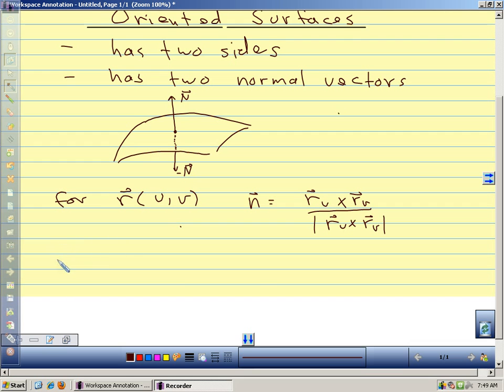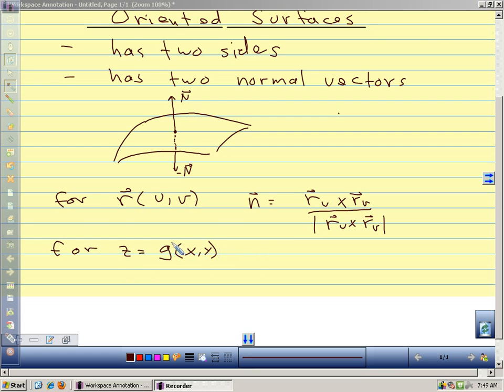If our surface is given by an explicit formula, z equals g of x, y, then remembering back to what we learned about the gradient, if we have some surface represented as g of x, y, z equals 0, then our gradient gives us a normal vector.